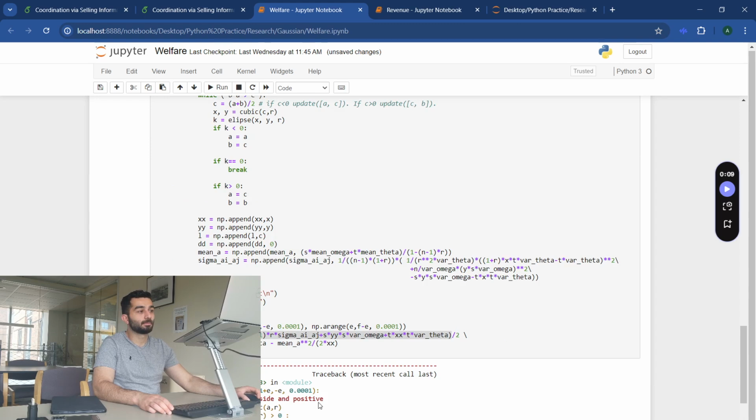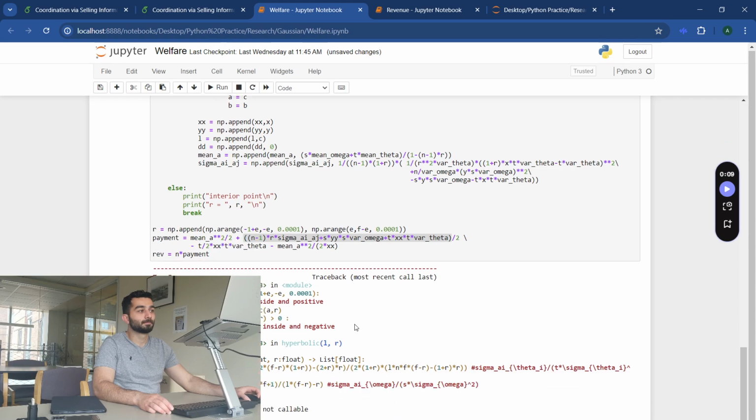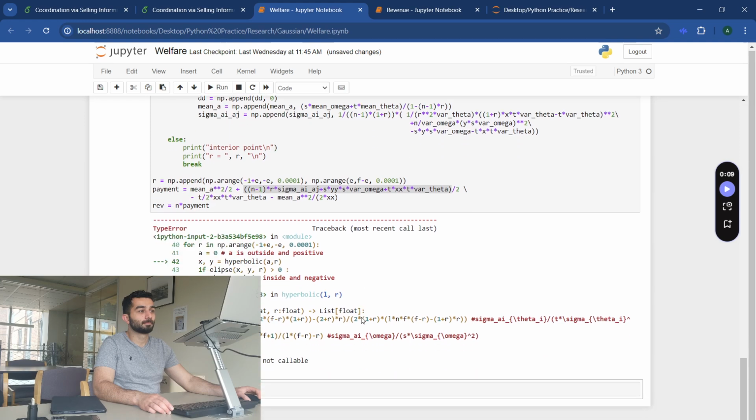What is wrong? Float object is not callable.